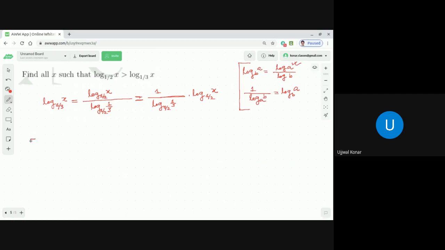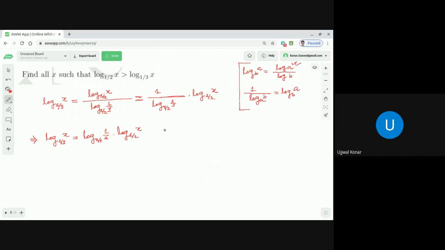So using this property, what you can see, dear students, is that log of x base 1 by 3 is equal to 1 by log of 1 by 3 base 1 by 2, which becomes log of 1 by 2 base 1 by 3. Correct or not? So that becomes log of 1 by 2 base 1 by 3 into log of x base 1 by 2.